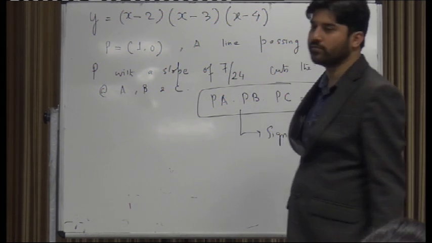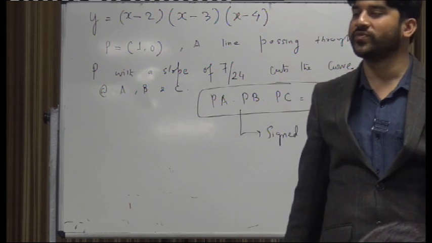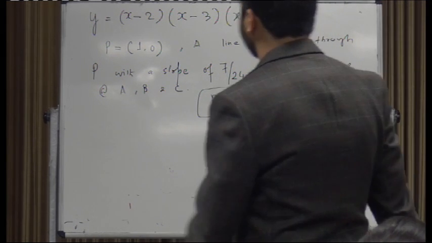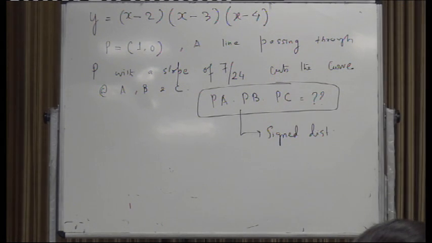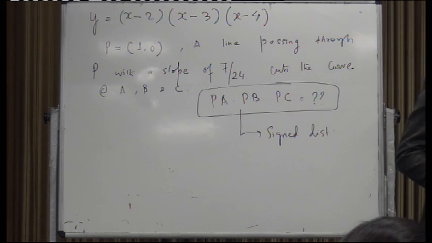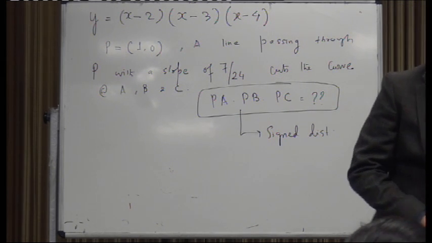Sine distance मतलब distance with a sine. PA into PB into PC मुझे बताना है. बताओ कैसे करेंगे. हाँ, क्वेश्चन समझ में आ रहा है? ये क्वेश्चन ही समझ में नहीं आ रहा है.